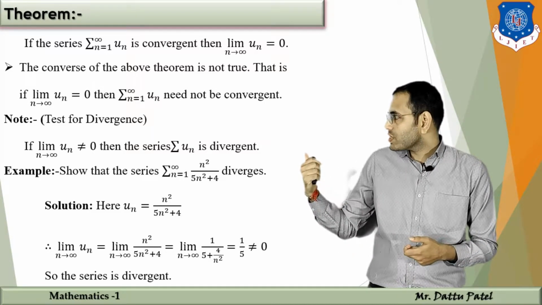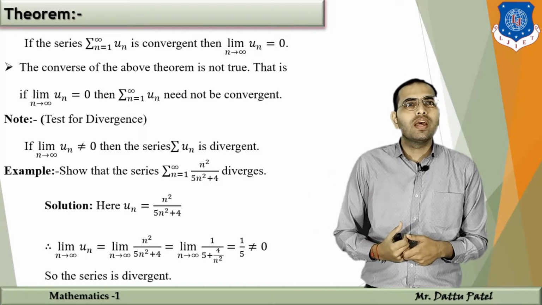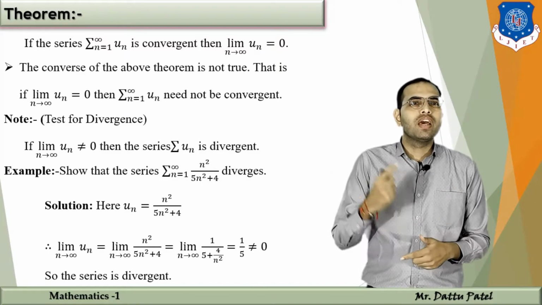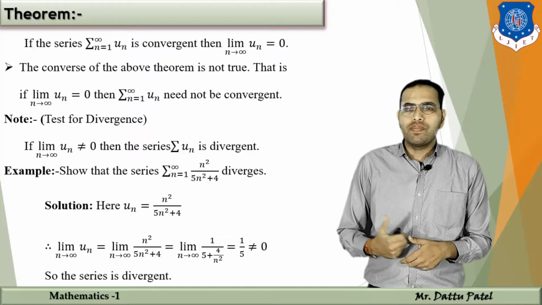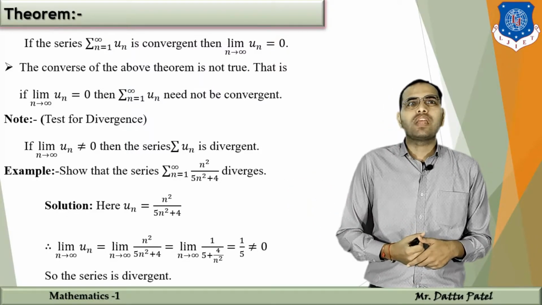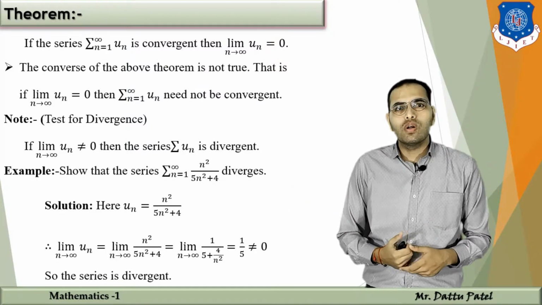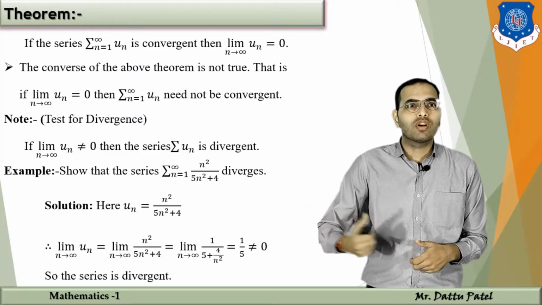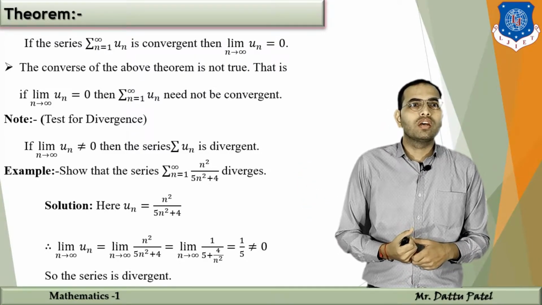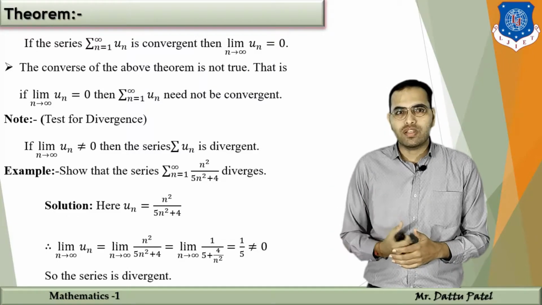Here n square is common in numerator and denominator, then it becomes limit n tends to infinity 1 upon 5 plus 4 by n square. Now n is infinite, then 1 upon 5 plus 0, that means it is 1 upon 5 which is not equal to 0. So the series is divergent.